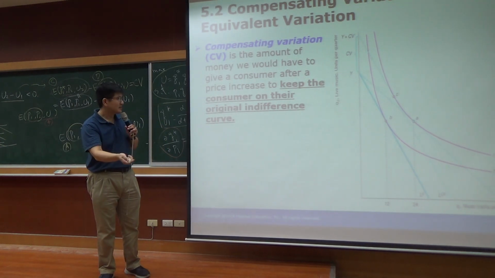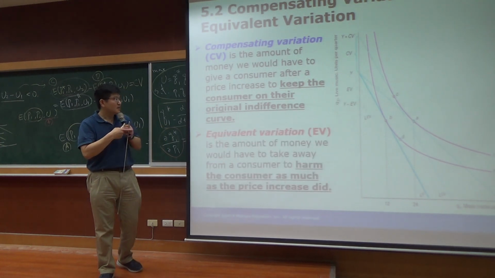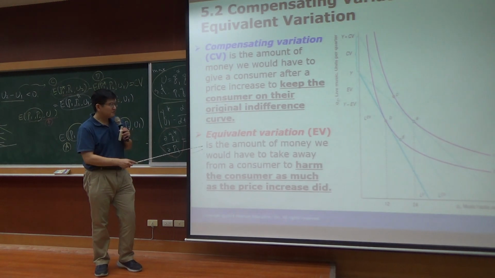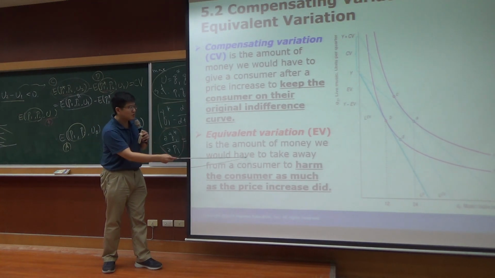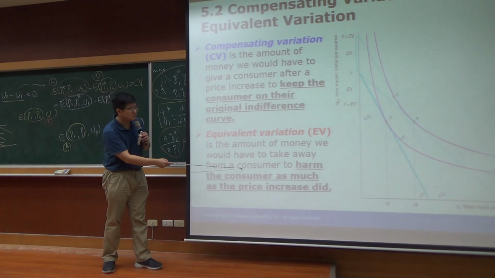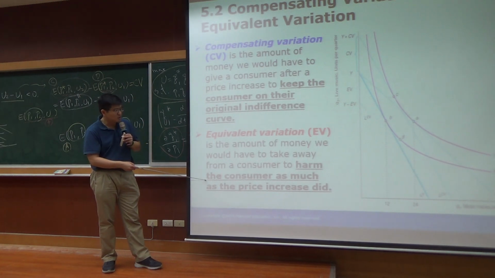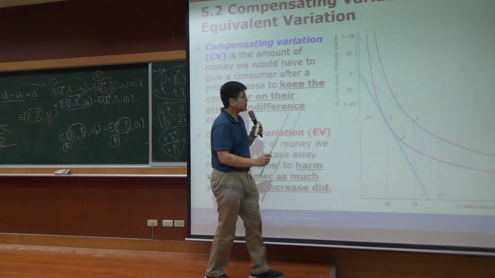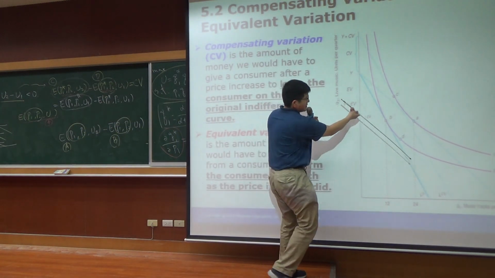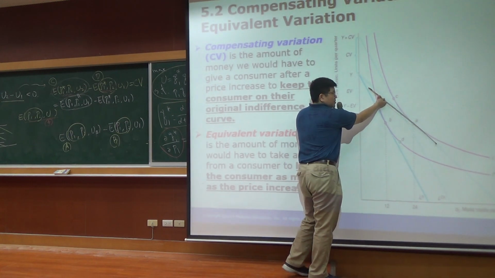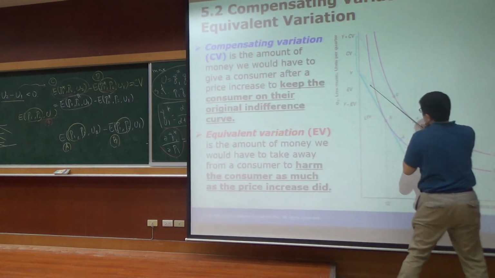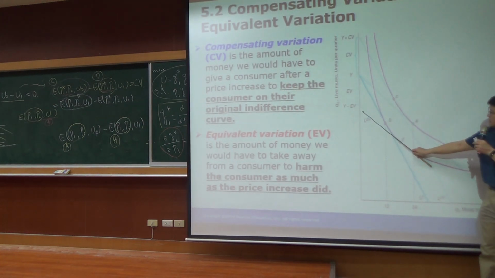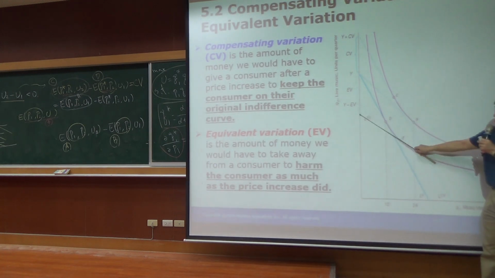And what is EV? EV is the amount of money, the expenditure, we would have to take away from a consumer to harm the consumer as much as the price increase did. What does it mean? Okay, this is the initial budget line, and with the original price environment, we may measure the difference here, right?